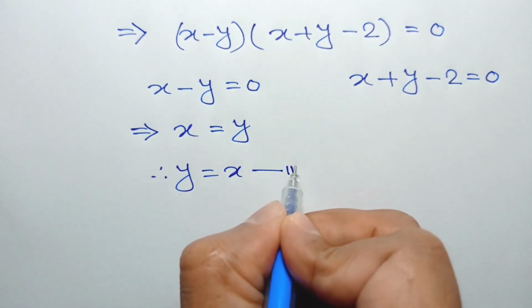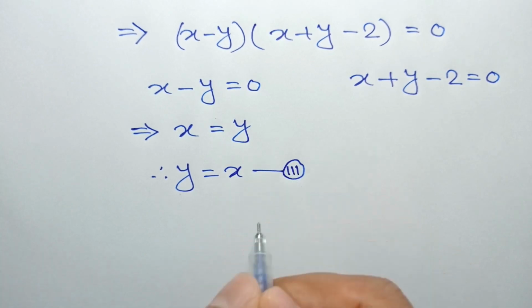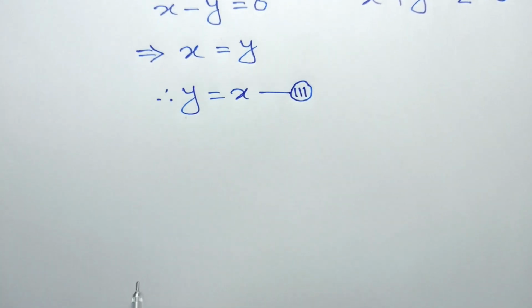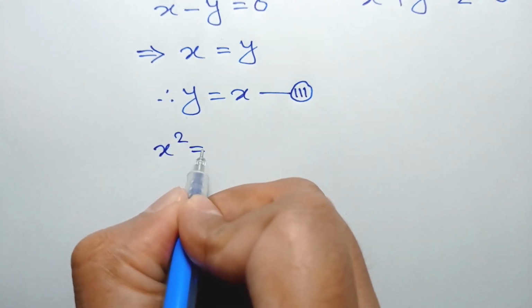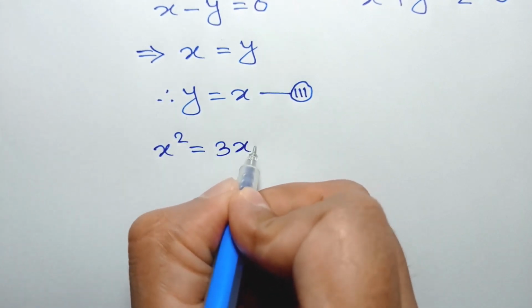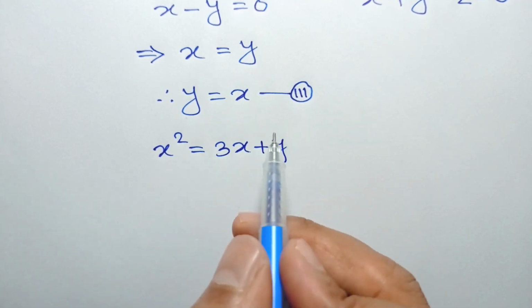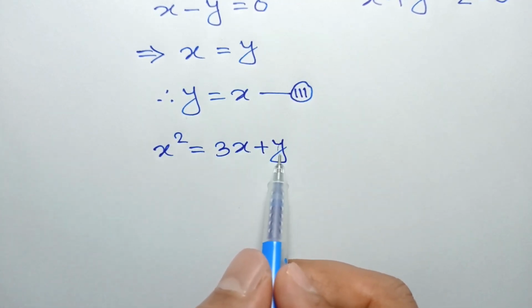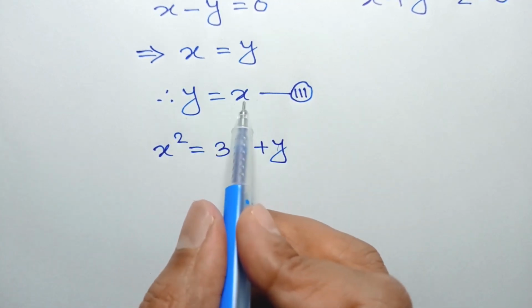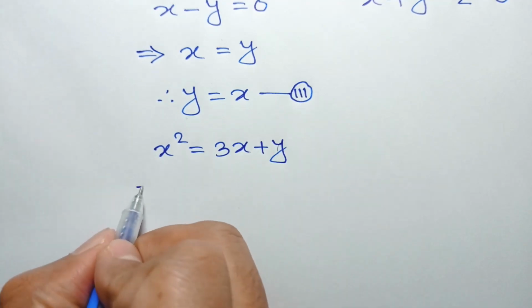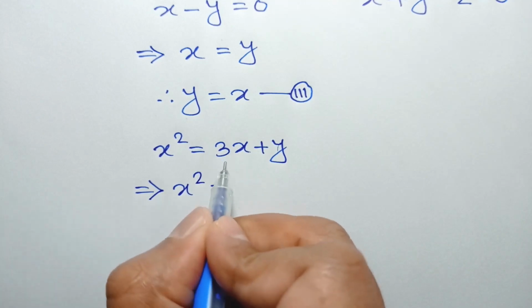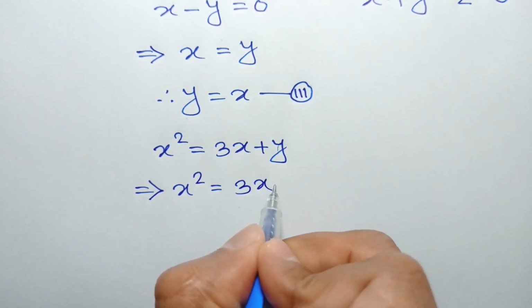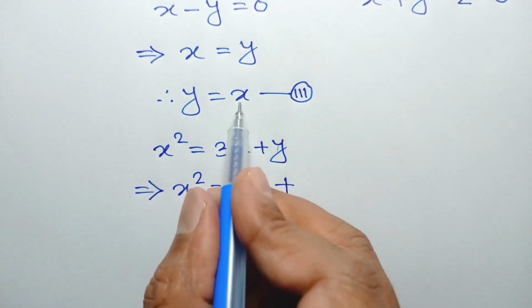Call it equation number 3. Now from equation 1, we have x square is equal to 3x plus y. Now substitute the value of y is equal to x from equation 3. We can write x square is equal to 3x plus y, which is x.